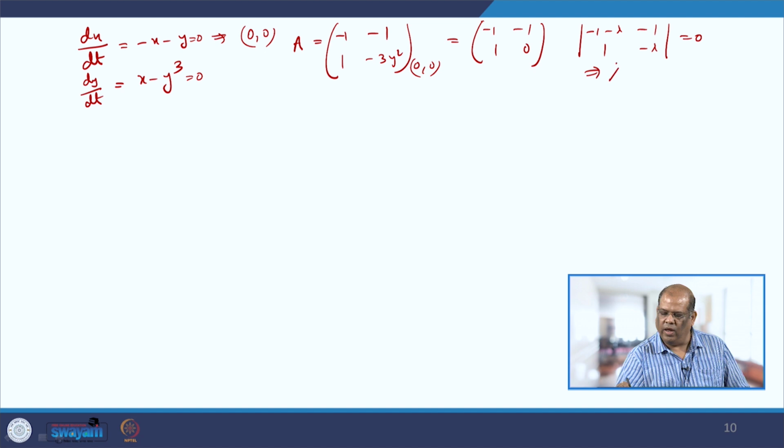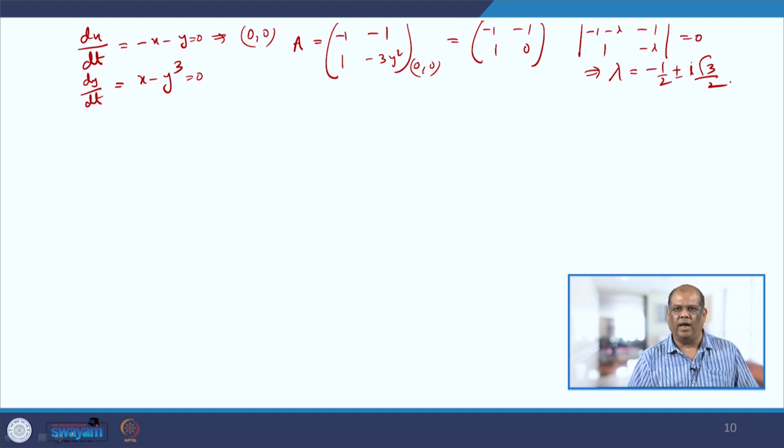And this is going to give lambda equal to -1/2 plus minus i root 3 by 2. Well, this is what we have done before, and this is also called Lyapunov's first method. What we learn about this Lyapunov function is called Lyapunov's second method or direct method.